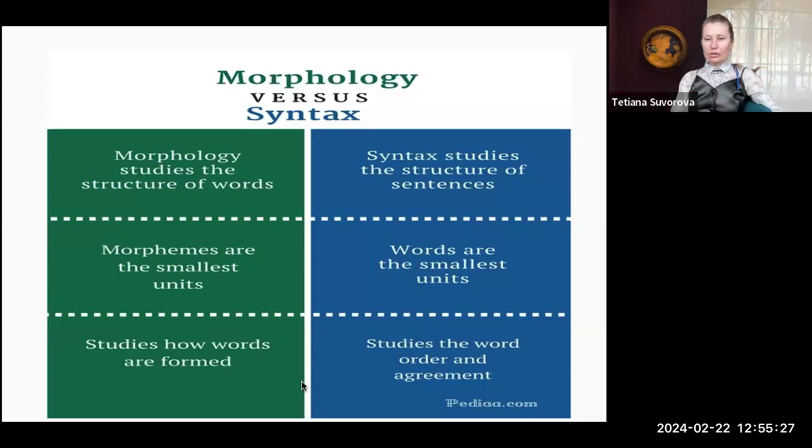Well, and syntax studies the word order and agreement. It is important, especially for the English language, but not only. Agreement for the Ukrainian language is essentially important.